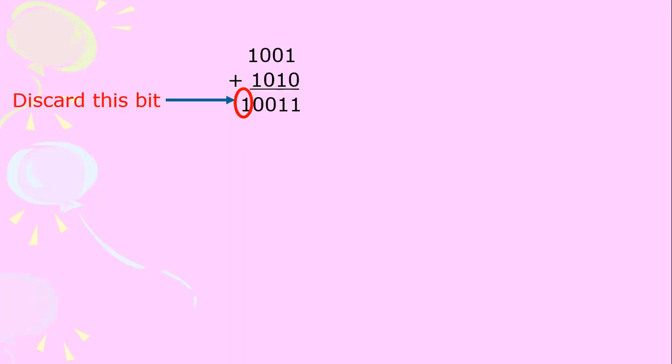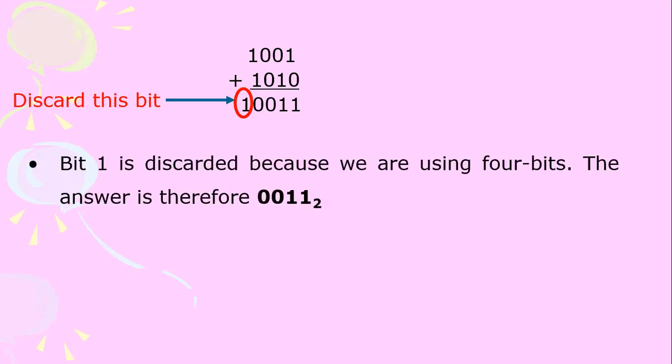Because we have generated a carry, which is 1, we discard this bit. Why? Because it is a carry. So bit 1 is discarded because we are using 4 bits. The answer is therefore 0, 0, 1, 1 binary.